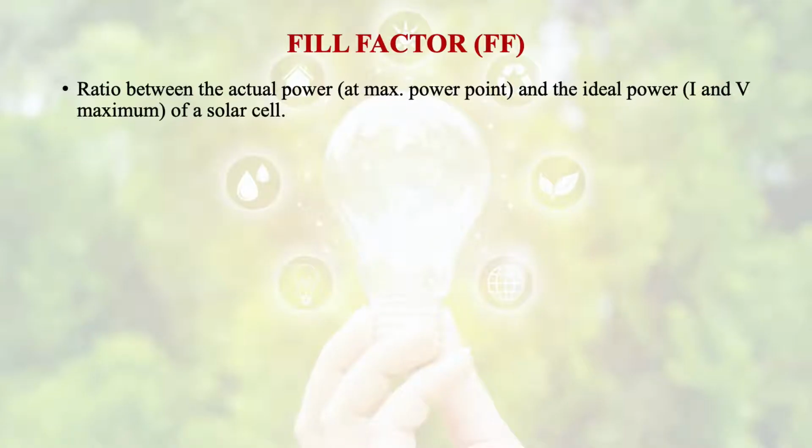So the ratio between the actual power obtained at the maximum power point and the ideal power, which is ISC into VOC, when V and I are maximum for the solar cell, gives the fill factor.